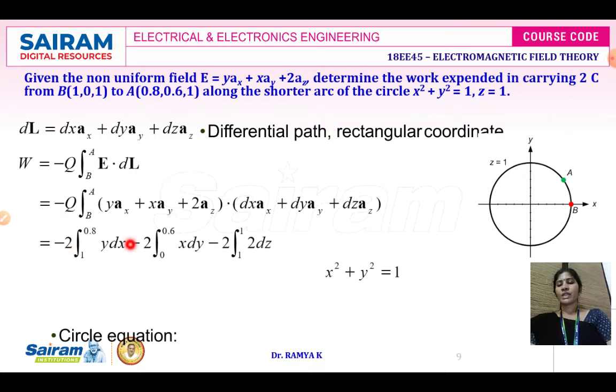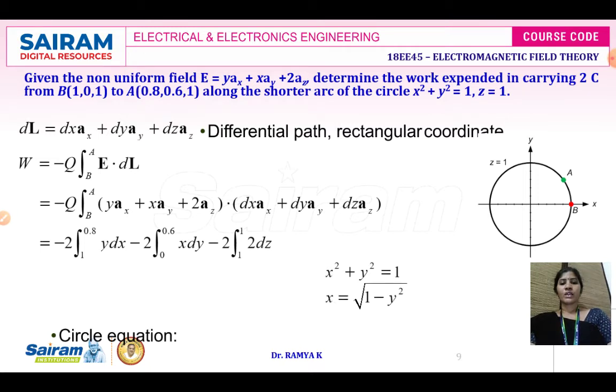With respect to dx, the limit is from 1 to 0.8, because the charge is going to move from point B to point A. 0 to 0.6 will be the limit for y, and for z it is going to be 1 to 1. We know that x² + y² = 1 along the shorter arc of the circle.